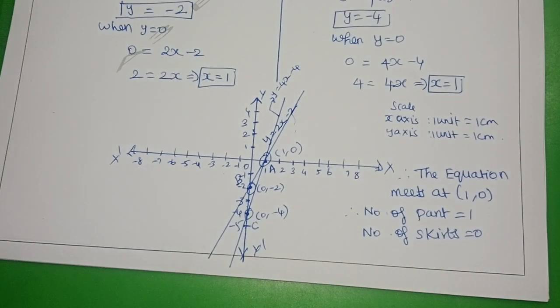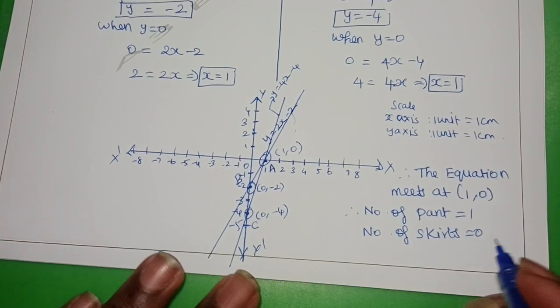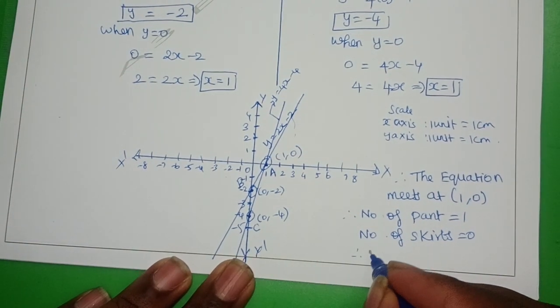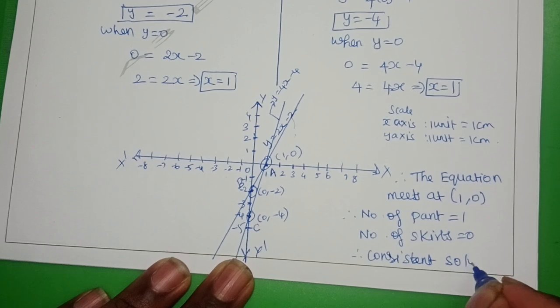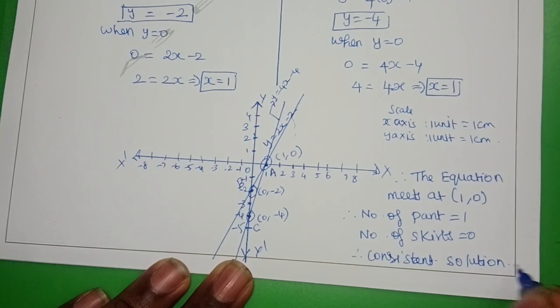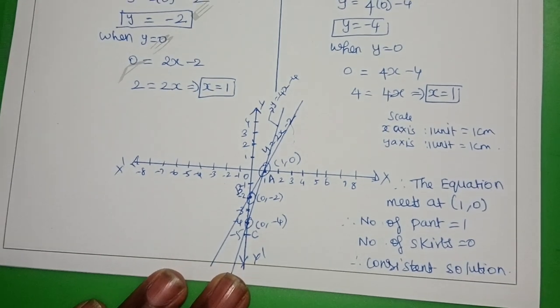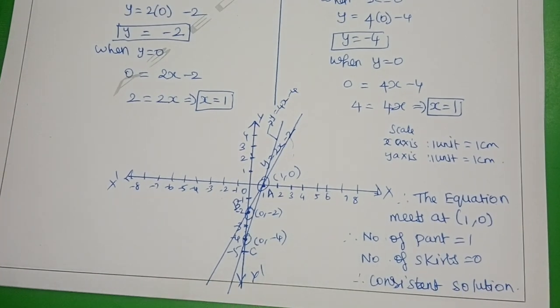This is the part which has been asked in the question. Also try to mention that it is a consistent solution, and you can also mention that it is a unique solution. Okay, thank you.